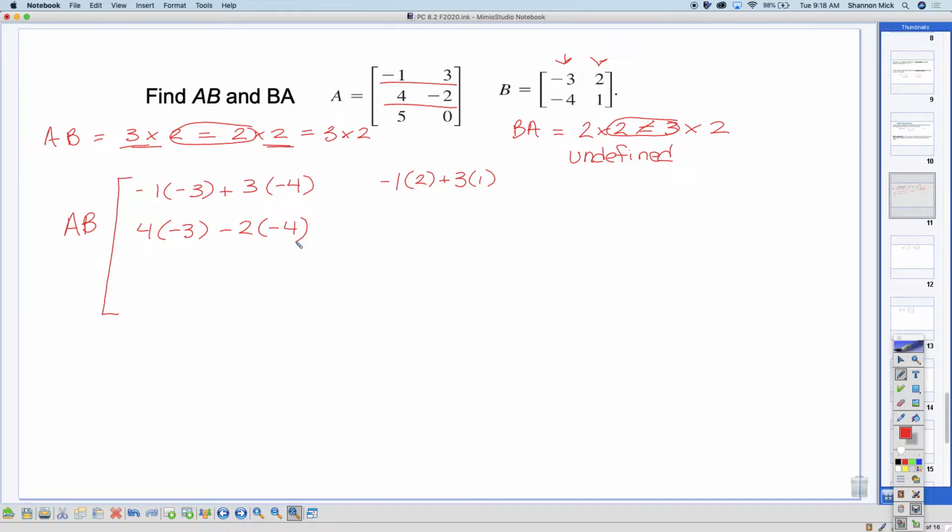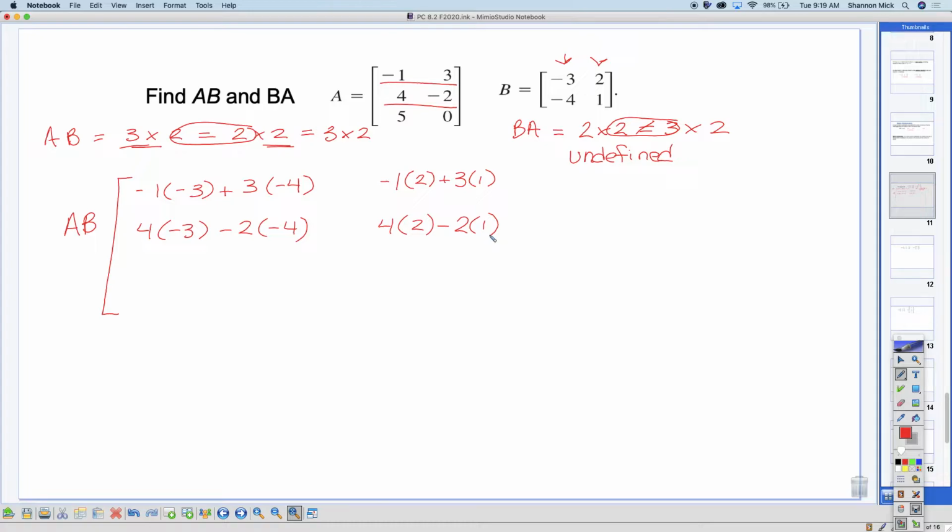Second row times first column. Now I have to take the second row by the second column. So it's going to be 4 times 2 minus 2 times 1. Now, why did I put a minus instead of plus? Because it's a -2.